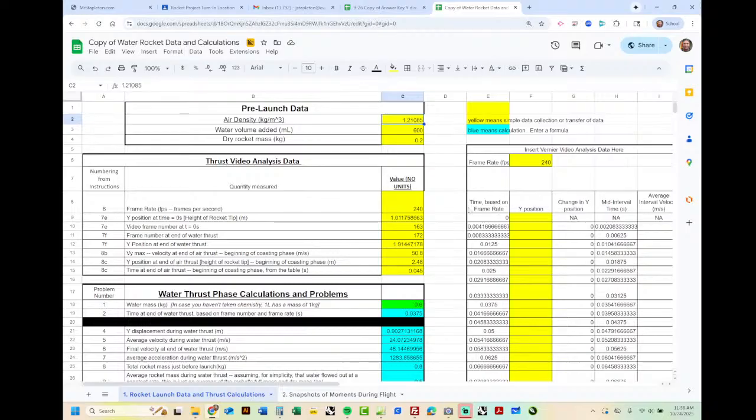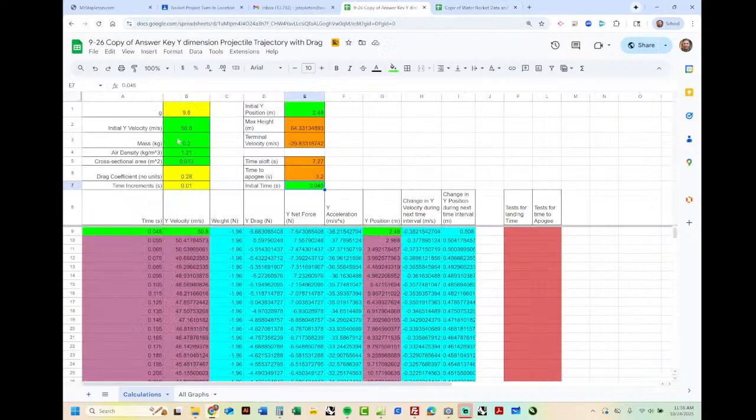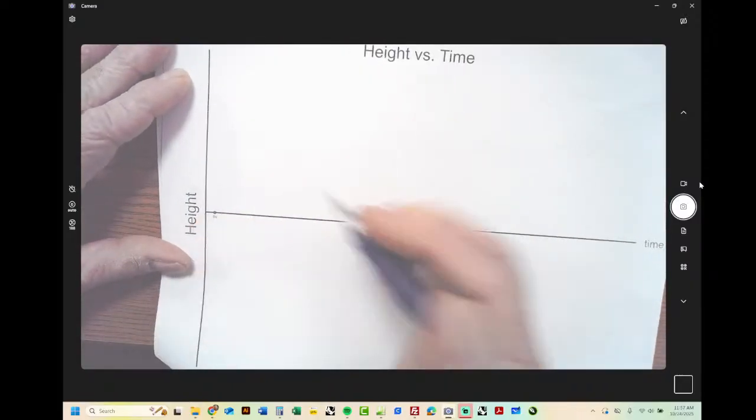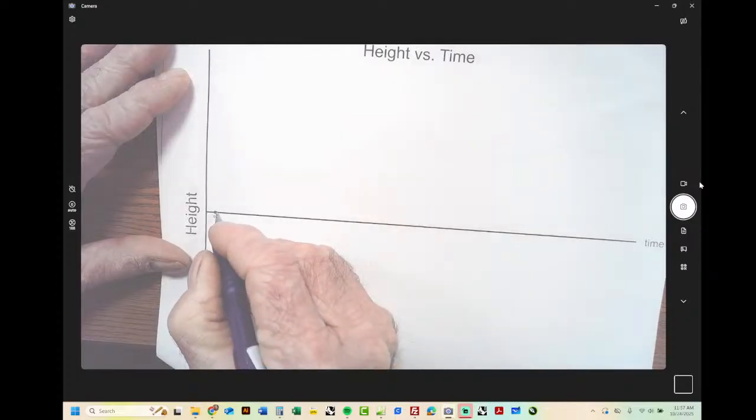So from this, that tells me what the initial velocity that I put in this spreadsheet is going to be. And when I explain initial velocity, let me do a little drawing for this. So this is the height versus time graph. Your graph is going to look something like this.